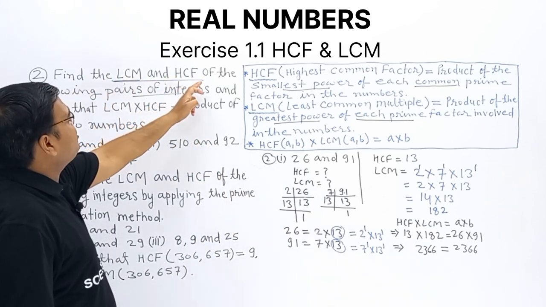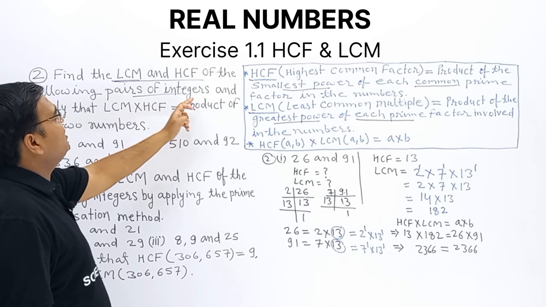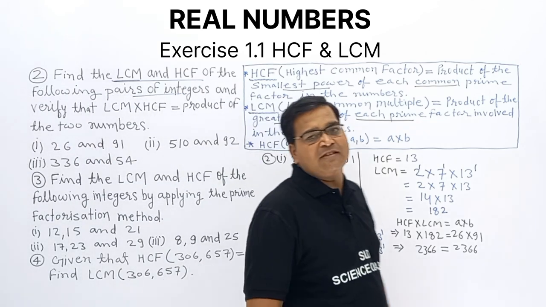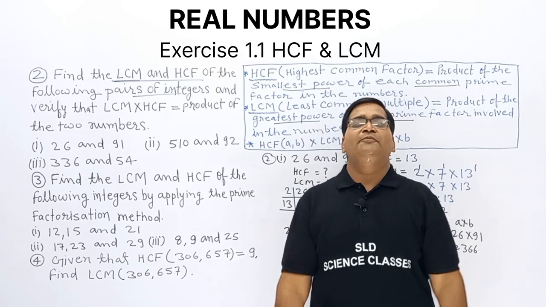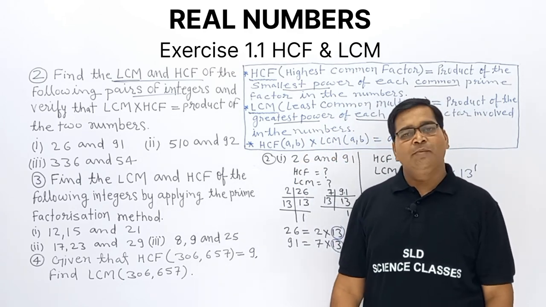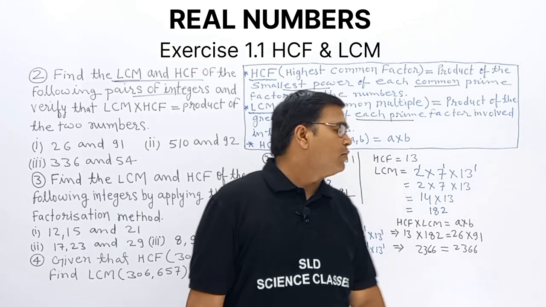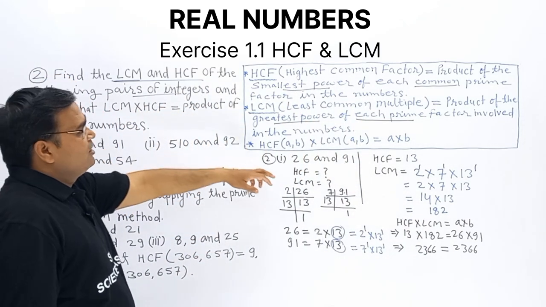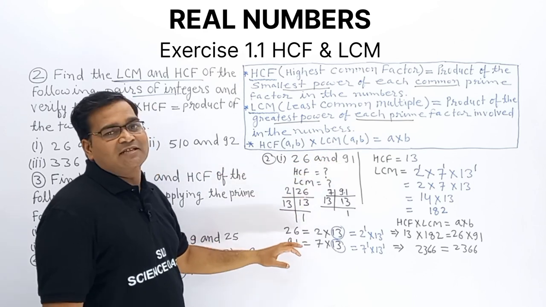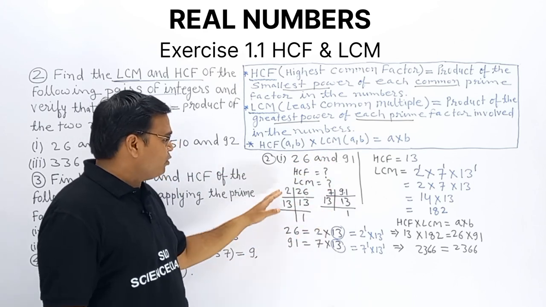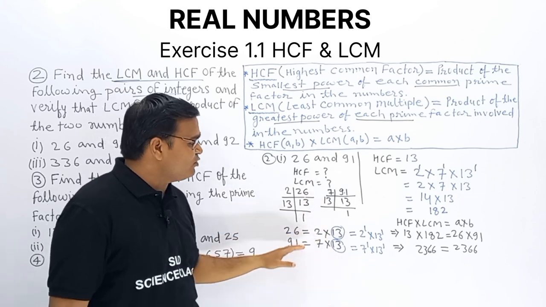Find the LCM and HCF of the following pairs of integers and verify. For verification, we require that the product of HCF and LCM equals the product of the two given numbers. For solving this, first we will find the factors, using the prime factorization method.